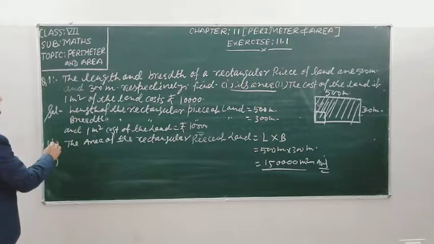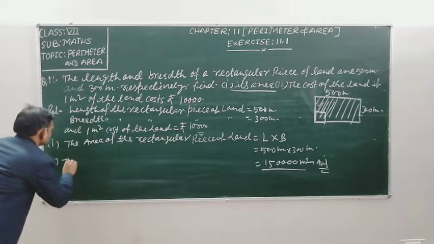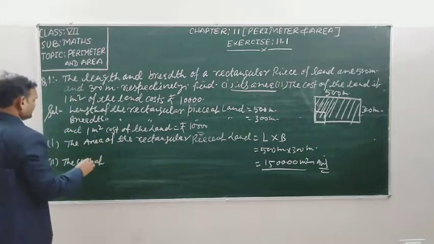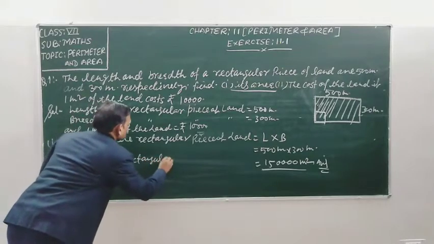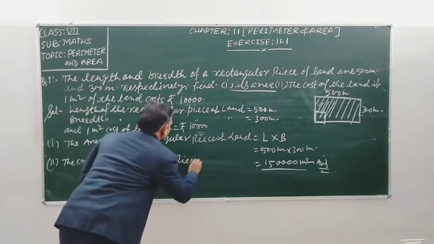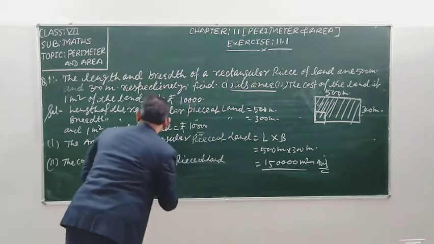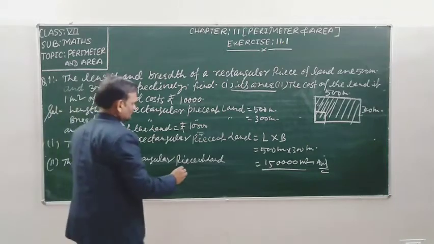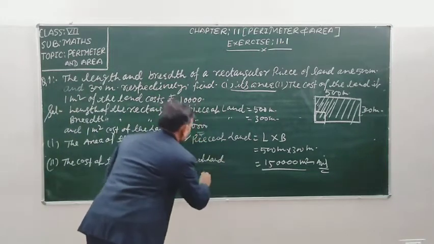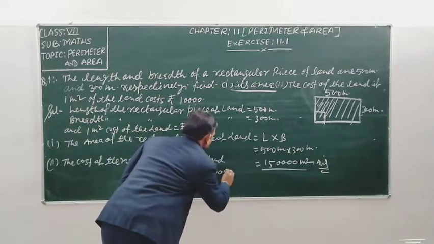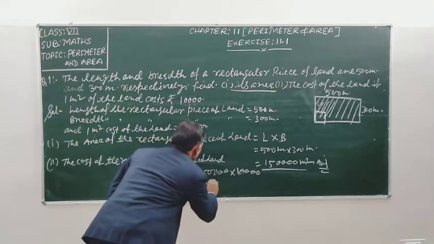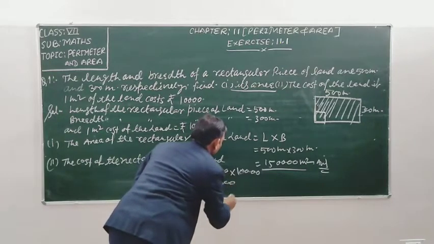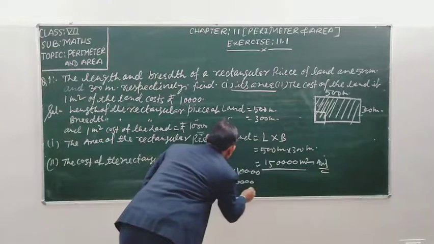The cost of the rectangular piece of land is equal to 1,50,000 into 10,000, which is equal to 15,00,000,000.